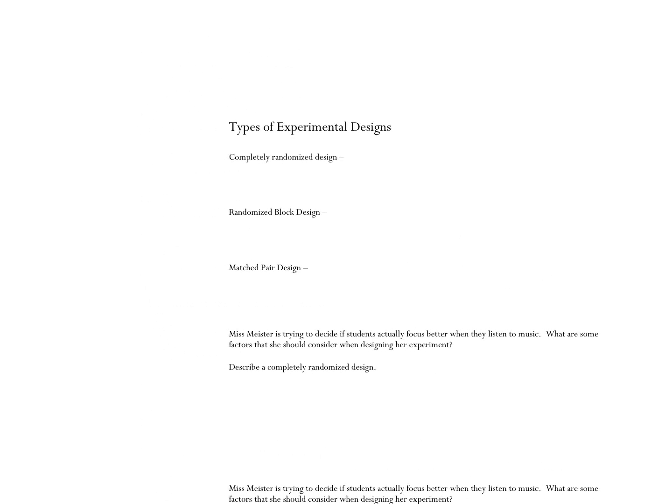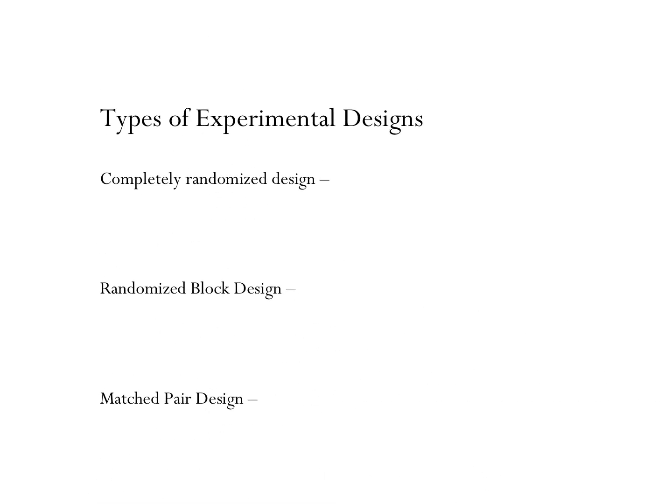So this design, the way we just did this, is called a completely randomized design. And in a completely randomized design, we use chance to assign groups to the entire study.